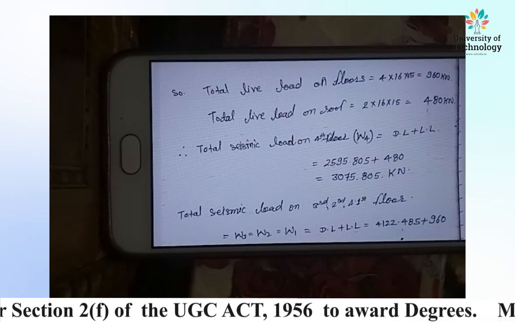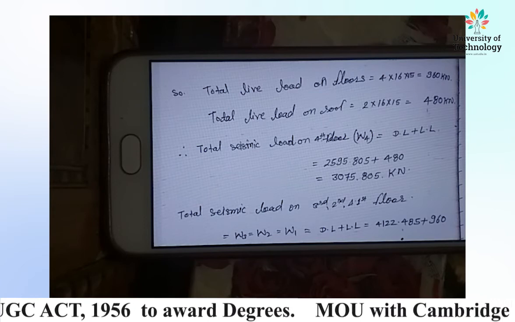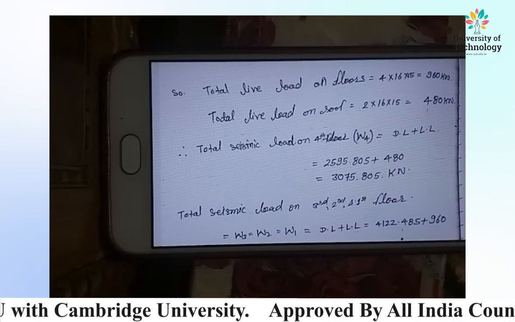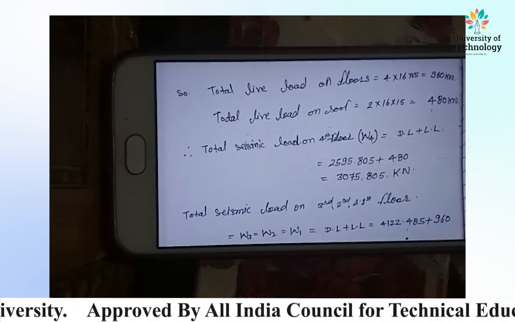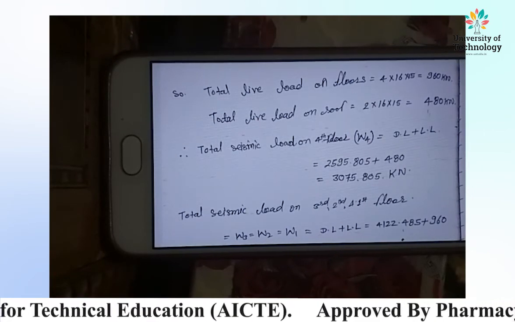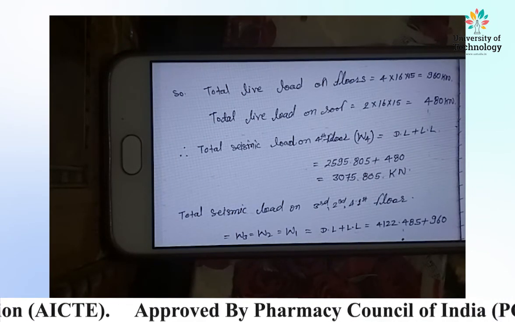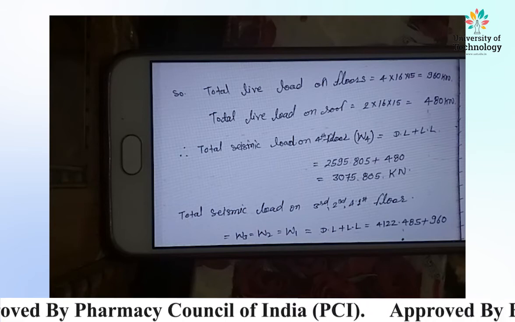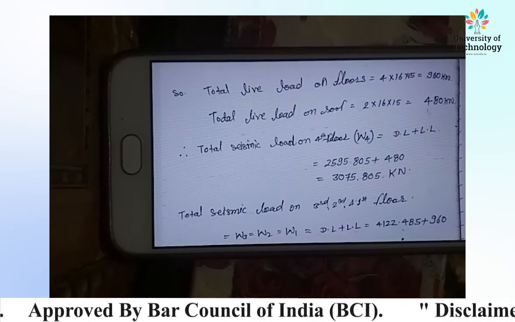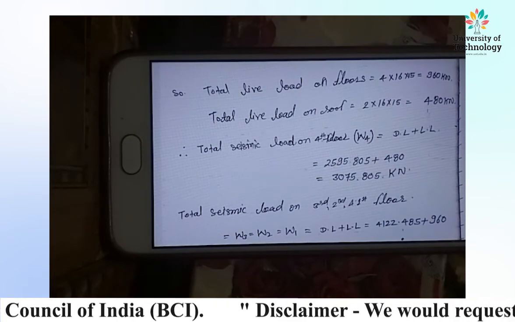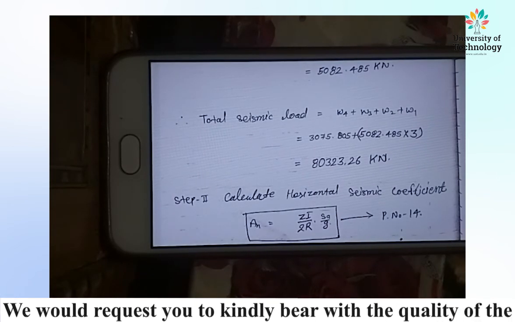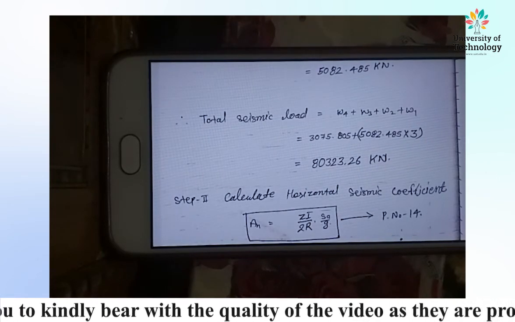Total seismic load on third, second and first floor equals dead load plus live load, because the dead load is equal in each story, so 4122.485 plus 960, which equals 5082.485 kilonewton.